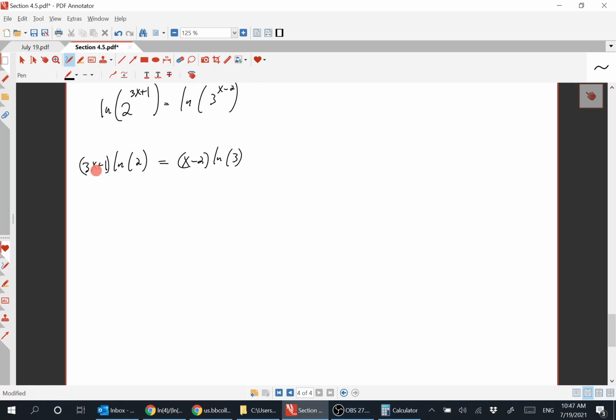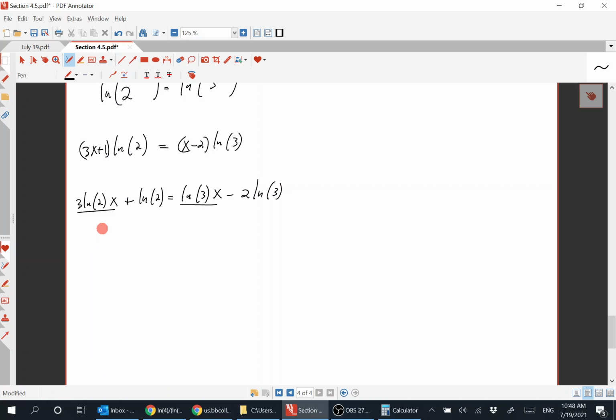Now I'm going to distribute the natural log of 2 through this sum and the natural log of 3 through that sum. So this is 3 times the natural log of 2 times x plus the natural log of 2. This is going to be the natural log of 3 times x minus 2 times the natural log of 3.